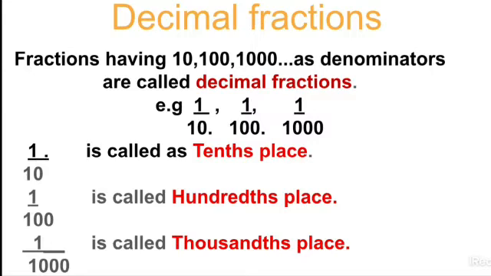Here 1 upon 10 is called the tenths place. 1 unit is divided into 10 equal parts. Each part becomes 1 upon 10. 1 upon 100 is called the hundredths place. 1 upon 1000 is called the thousandths place. The above fractions can be represented as decimal numbers also.